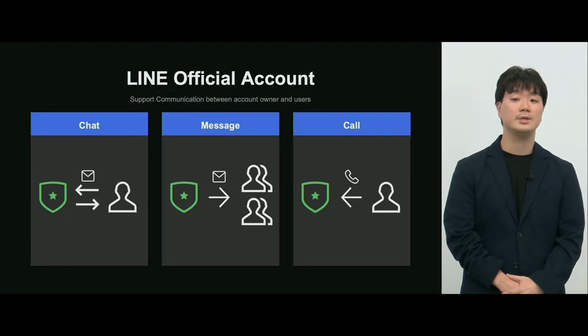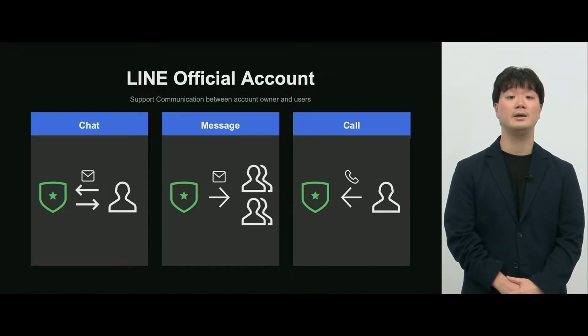Of course, we support one-to-one message delivery, but you can also send messages to all the friends or all the followers, receive phone calls from the followers, or send messages via an external API. So we support the communication between the account owners and the followers. When we say OA in the presentation, it means Line Official Account.